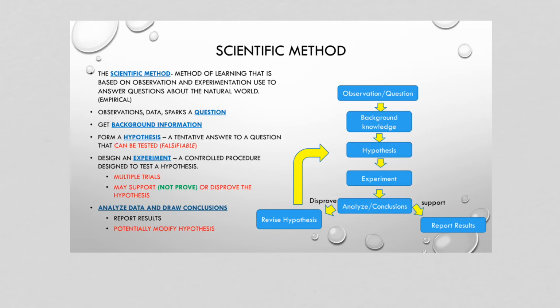And so this becomes a circular process, right? So we can either report the results, or we can potentially modify our hypothesis if our results disagree with our hypothesis. So that's your scientific method.